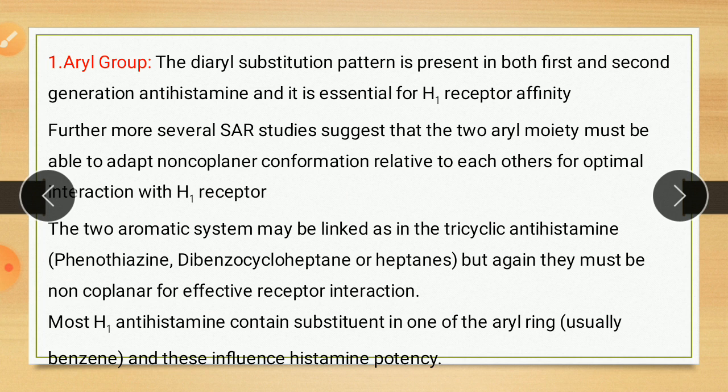Most H1 antihistamines contain a substituent in one of the aryl rings, usually benzene, and this influences the histamine potency. So this aromatic ring may contain a substituent. These are the important characteristics of the first part, that is the aromatic rings.